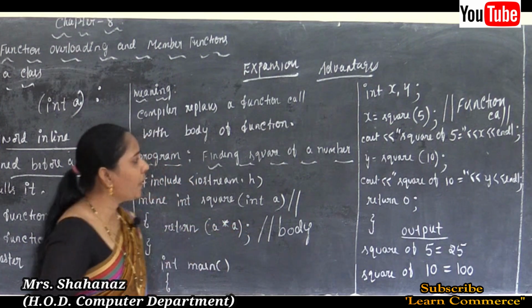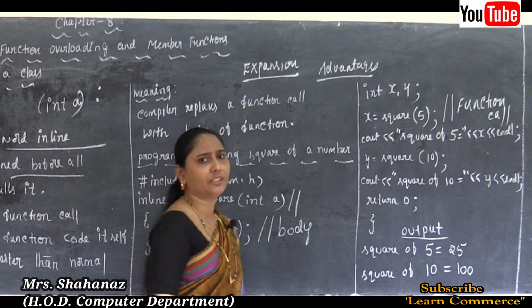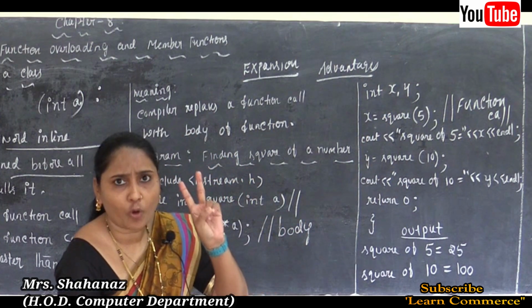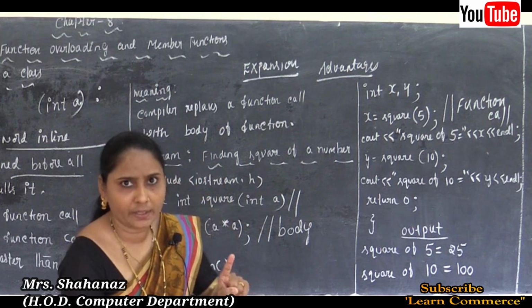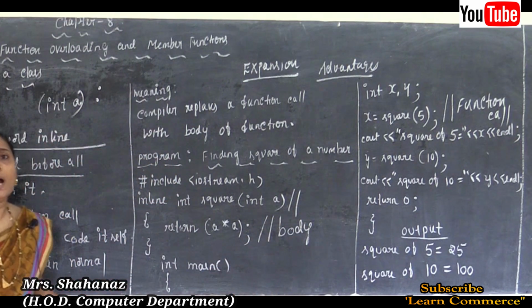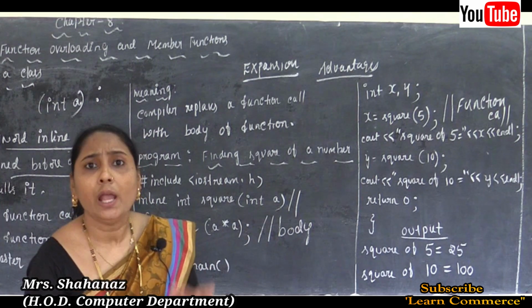Many times you can call the function, but in this program I just call it 2 times, once with the square of 5 and second with the square of 10. So we can say that inline member functions are compact function calls. Any time, many times, we can call the functions.